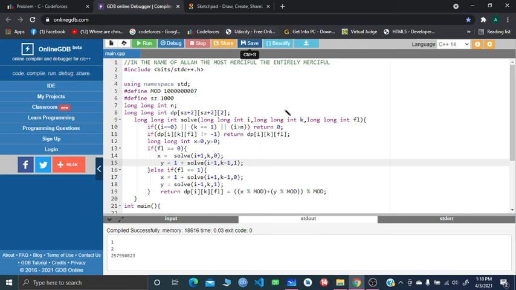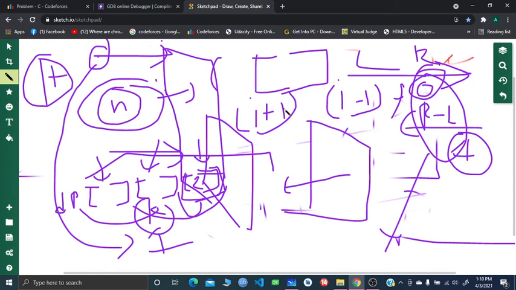So here I have mentioned 3 base cases that could happen. One of them is when the ith particle crosses all the barriers, which is if i is greater than n. This is the general case.